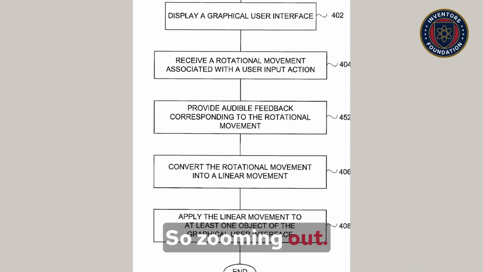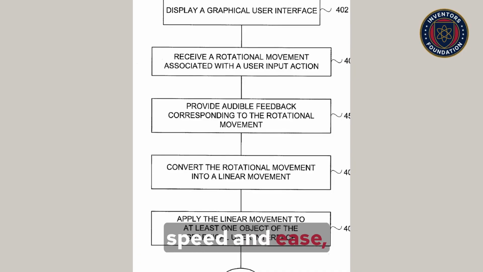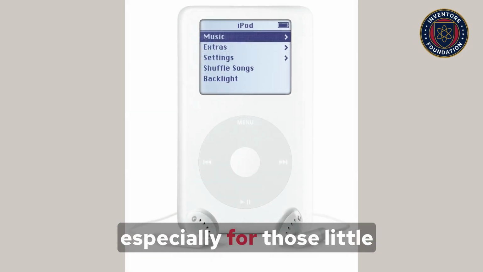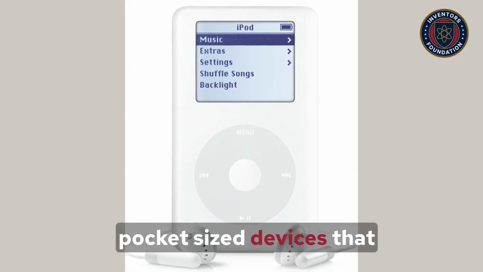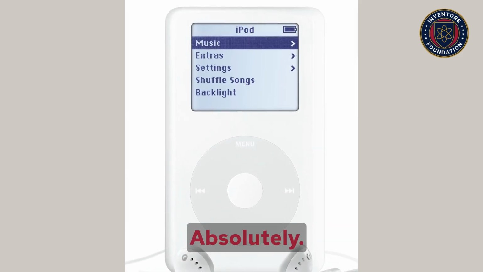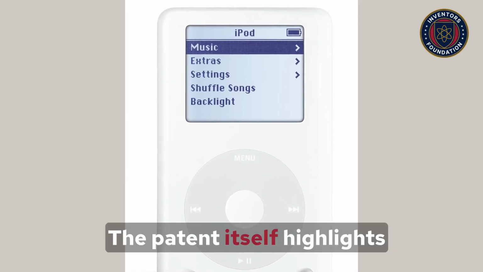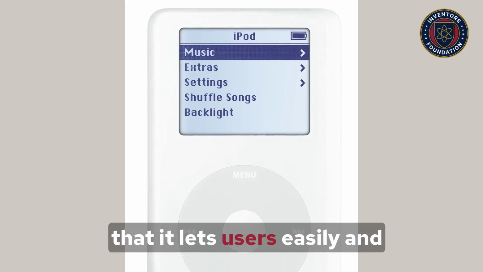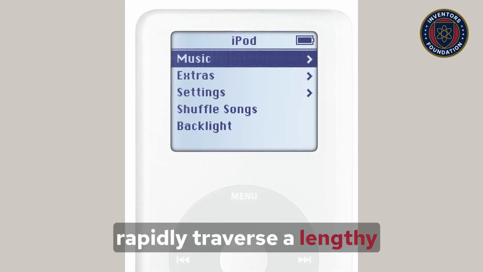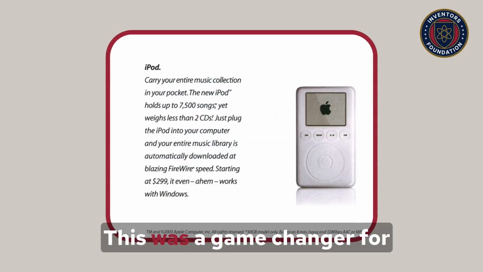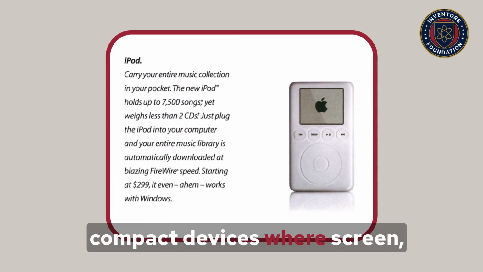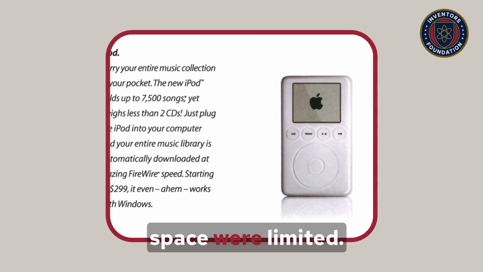So zooming out, the big advantage was speed and ease, especially for those little pocket-sized devices that were just taking off. Absolutely. The patent itself highlights that it lets users easily and rapidly traverse a lengthy list of items. This was a game changer for compact devices where screen real estate and button space were limited.